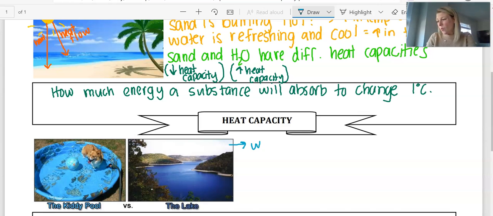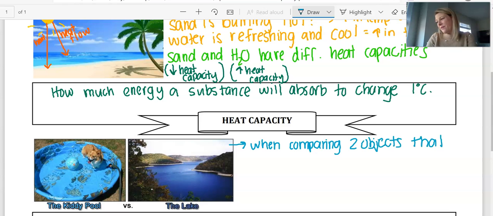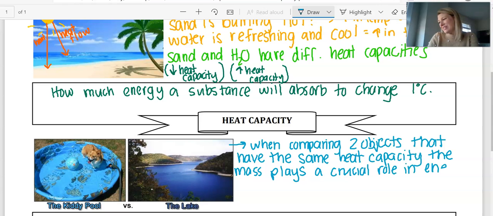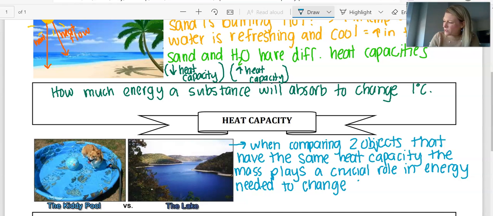So when comparing two objects that have the same heat capacity, right, they're both made of water, the mass plays a crucial role in the energy needed to change the substance 1 degree Celsius.